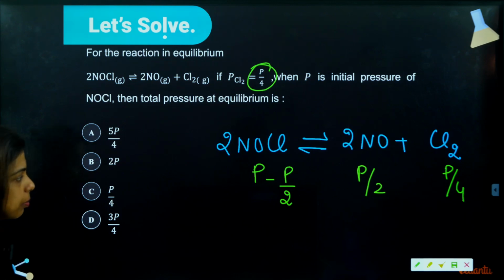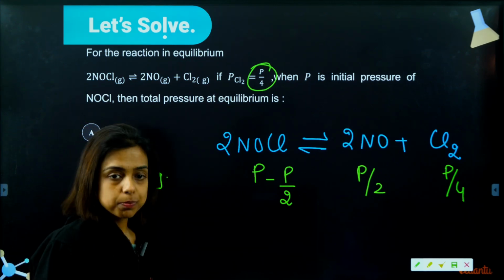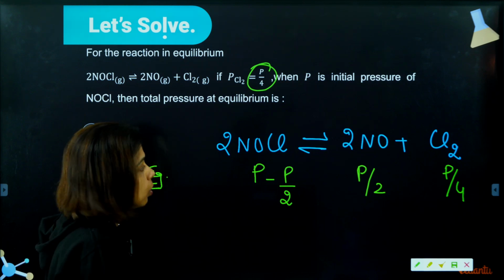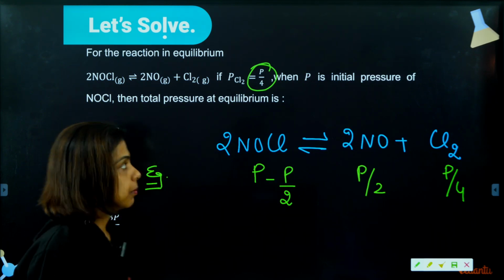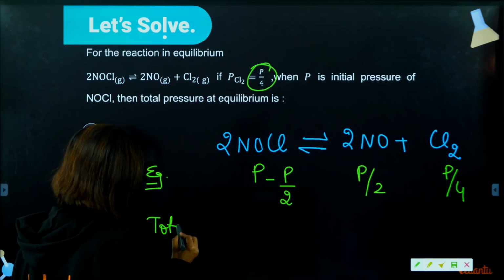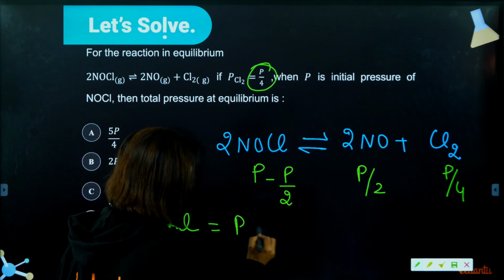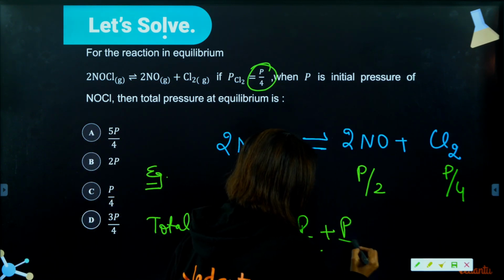So at equilibrium we have the pressure of NOCl as P, the initial pressure, minus P by 2, the pressure of NO as P by 2 and the pressure of Cl2 as P by 4, which is given in the question, right? Now the total pressure at equilibrium. So total pressure you are just supposed to calculate. Total pressure is P minus P by 2 plus P by 2 plus P by 4, right?